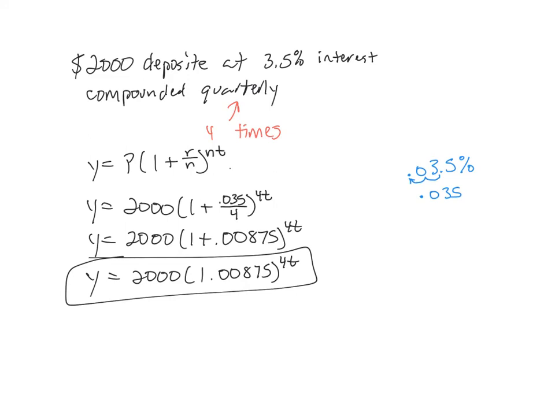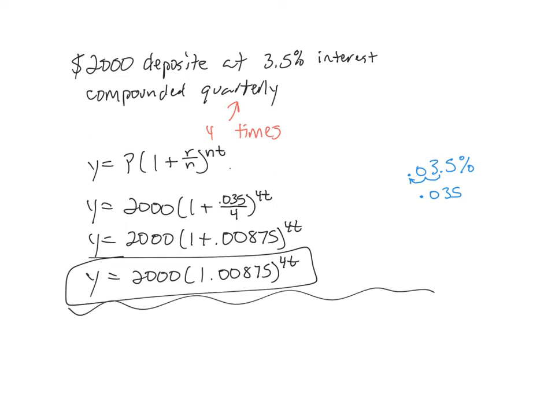Okay, so if you have the formula, it really isn't a very difficult problem to do. We've done changing percent to decimal for a few days now, so if you're struggling with that, let me know. We can talk about it some more. Otherwise it's just plug it in and use a calculator.